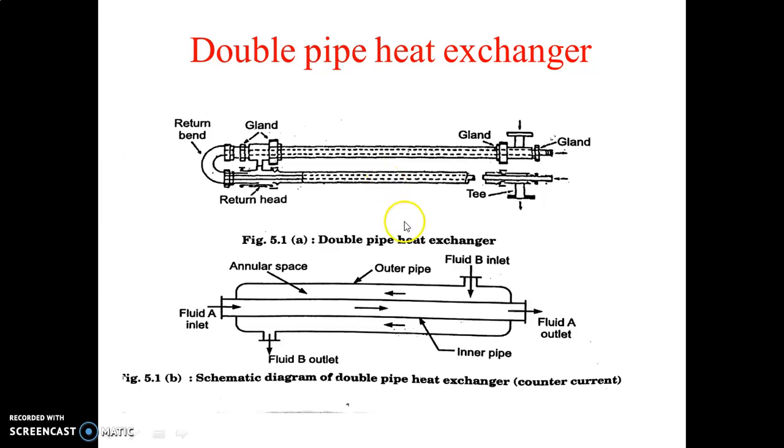These heat exchangers have standard sizes, that means an effective length. From here to here it is called the effective length. Sometimes it is up to 3.65 meter, sometimes 4.57 meter, and sometimes 6 meter.